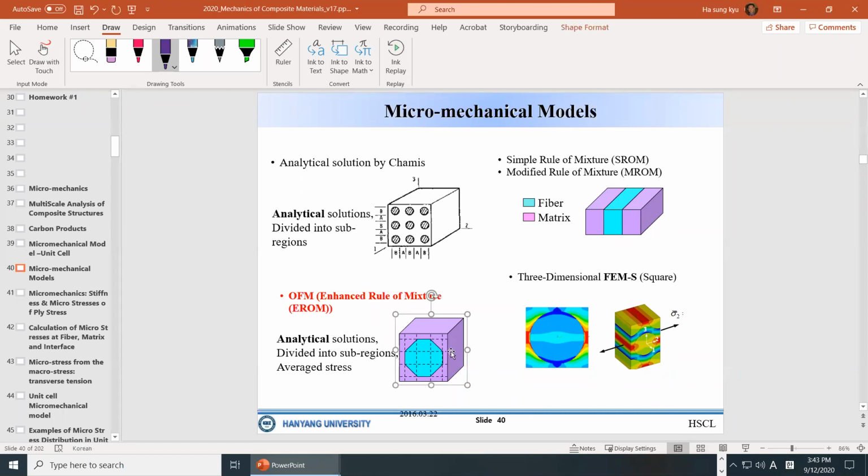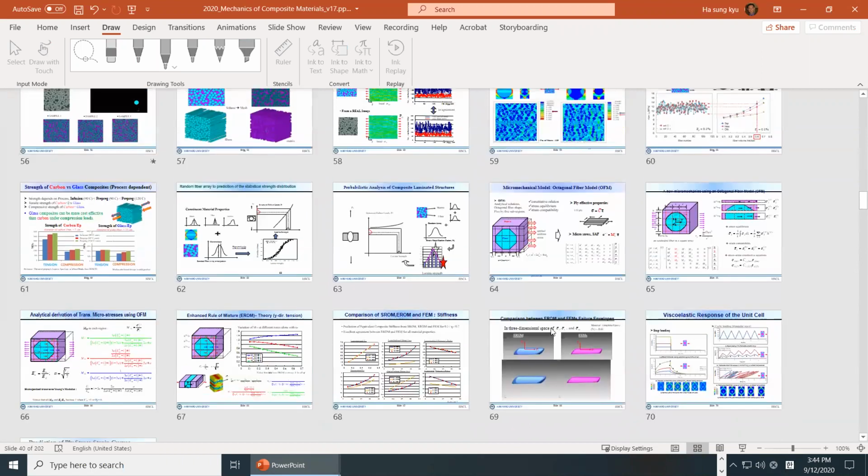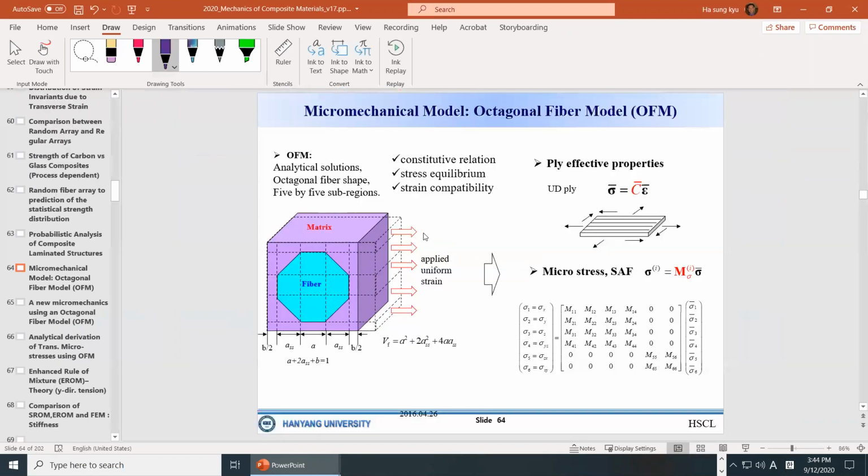Speaking of OFM, this is not exactly the same as this fiber arrangement, but we consider this circle as the octahedral fiber shape so that the analytical solution is possible, and that's what we have, and we apply the boundary condition to get the stress amplification factors and the equivalent material properties.